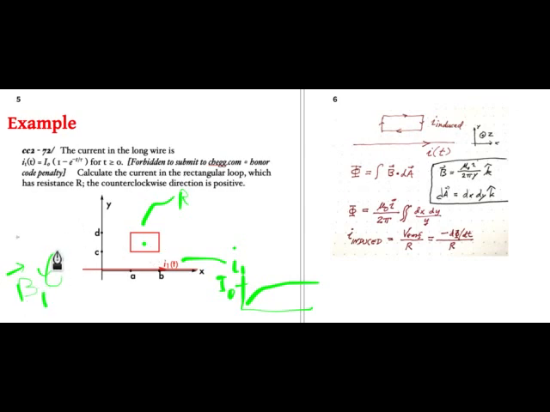Up here, it's pointing outward. Down here, it's pointing inward. You have to sort of try to visualize this in 3 dimensions. So there's an outward magnetic field. That's in the z direction. So there's a magnetic field at the position of the rectangular loop, which is in the z direction. So in other words, it's B sub z k hat.